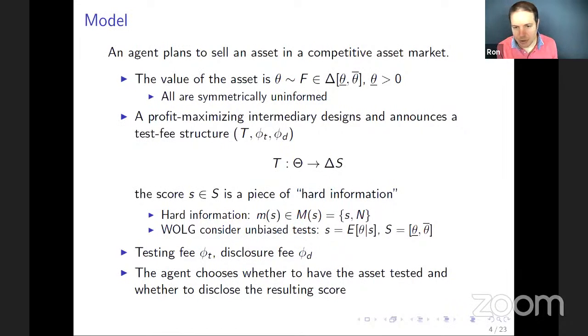The agent doesn't have any private information that he can use the intermediary to help him disclose to the market, right? If the agent could, what he would like to do is not have the intermediary there at all, just sell the asset to the market, get the expected value, get the entire surplus, and that's it. That would be the end of the story. That's the best thing that the agent could hope for. So the intermediary, to the extent that her services are used in equilibrium, hurts the agent. Okay, so this is what we mean by creates no economic value in this case.